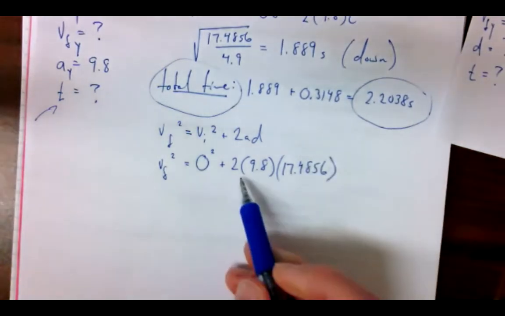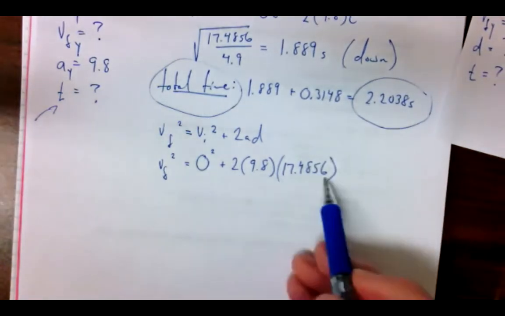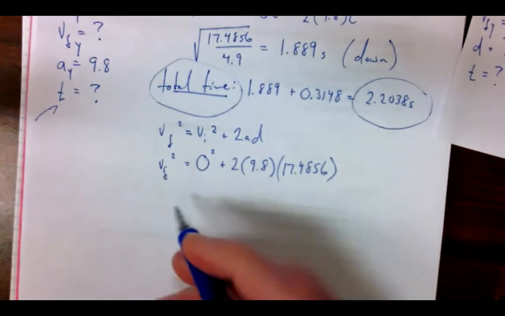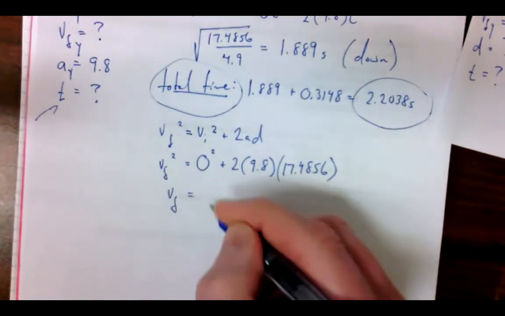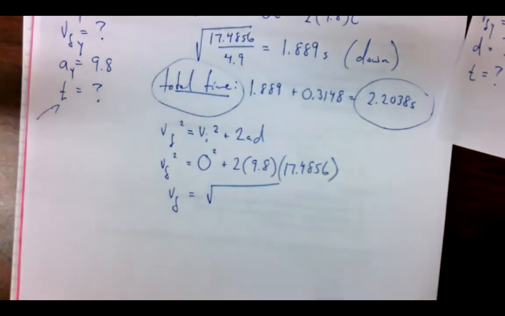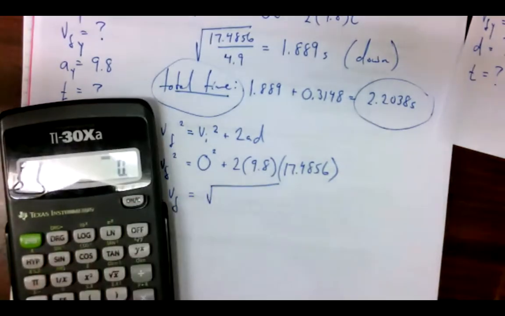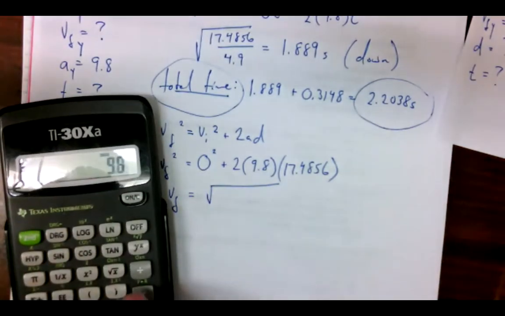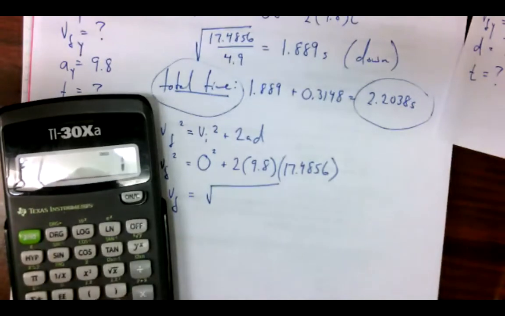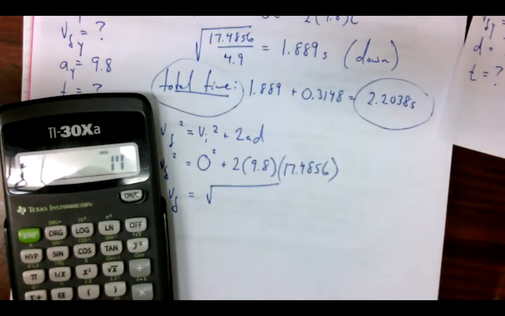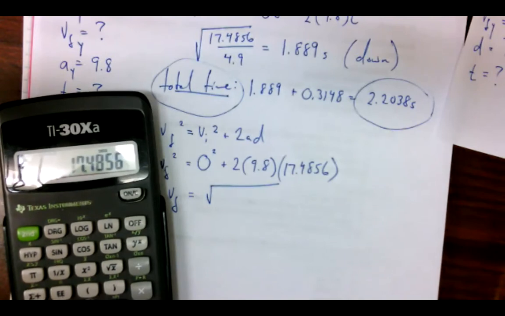17.4856. So what I'm going to do is multiply all this and then take the square root of both sides to get that. So it's the root of 2 times 9.8 times 17.4856.